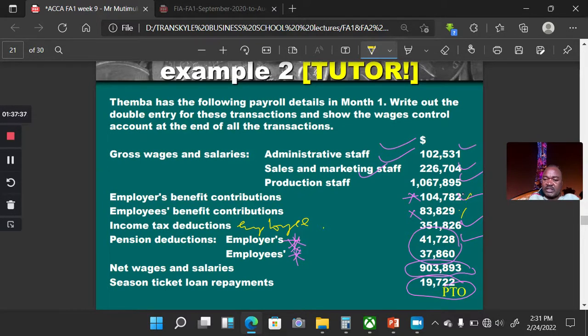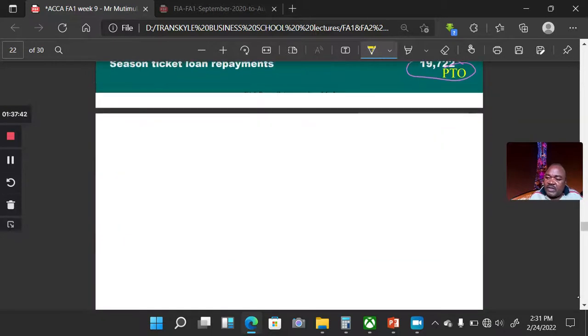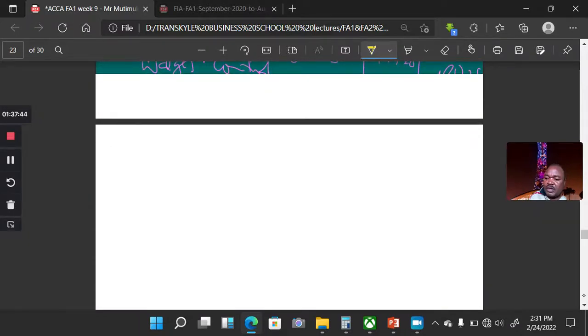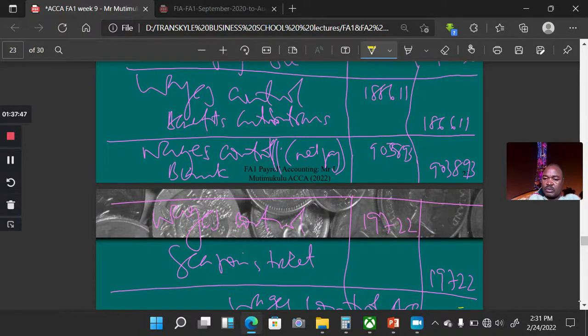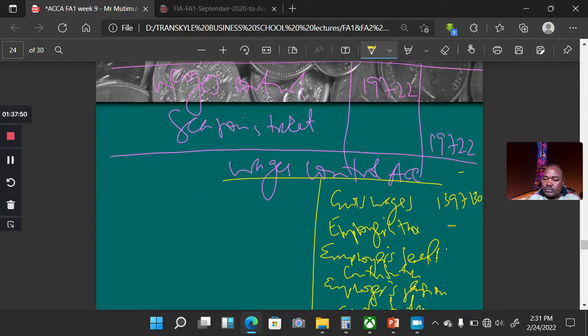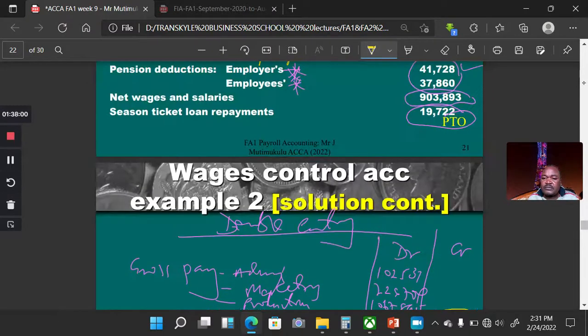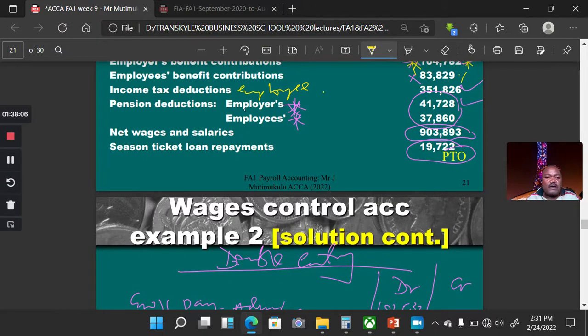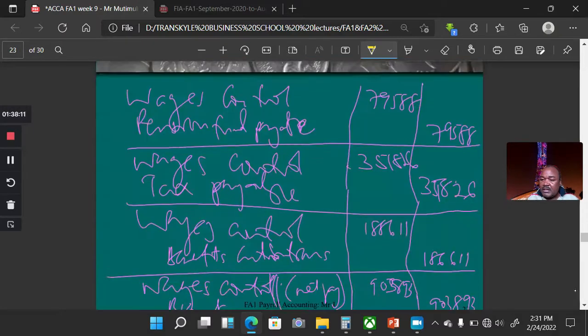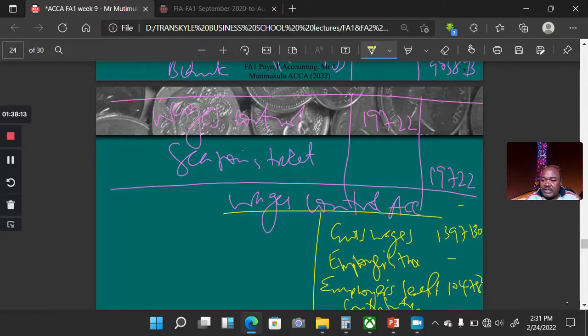These ones are the employers' contributions: 104,782. And for the pensions, that's 41,728.